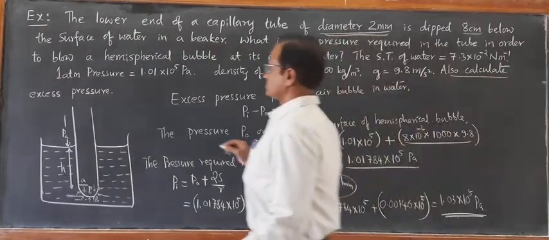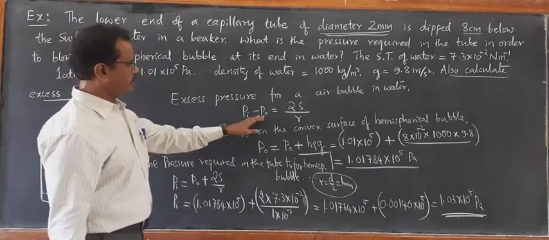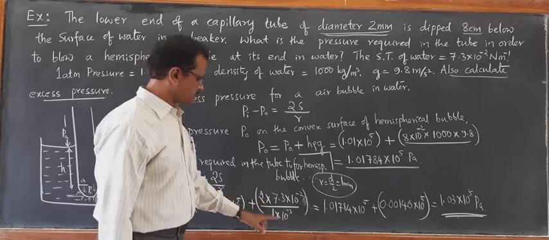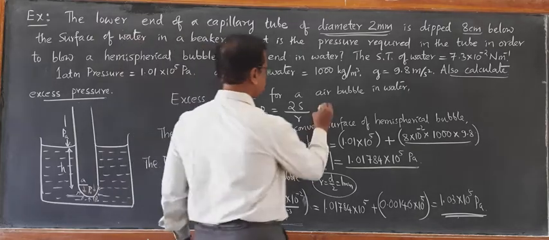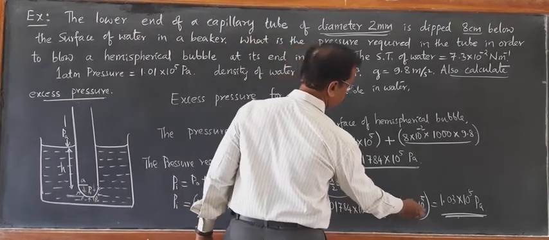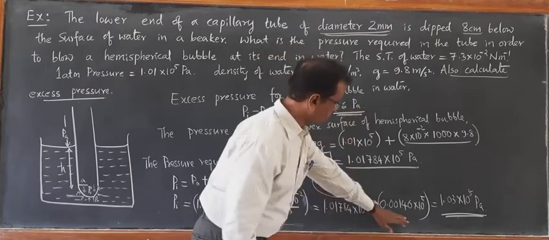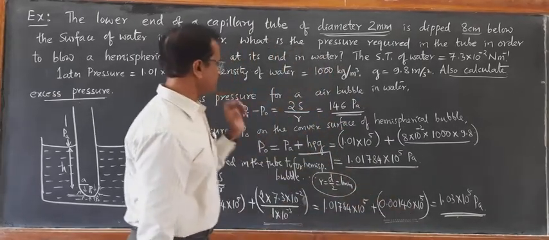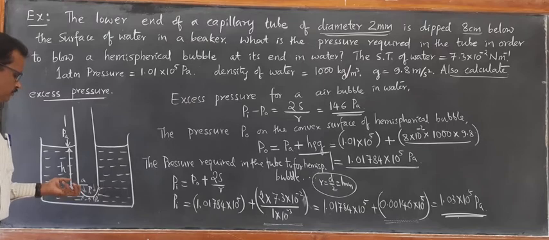Now we got Pi and we know already P naught, and the difference is equal to 2S upon R. So this second term itself gives us the excess pressure, 0.00146 into 10 to the power of 5, that comes out to be 146 pascals. So 146 pascals is the excess pressure required to form the hemispherical surface.